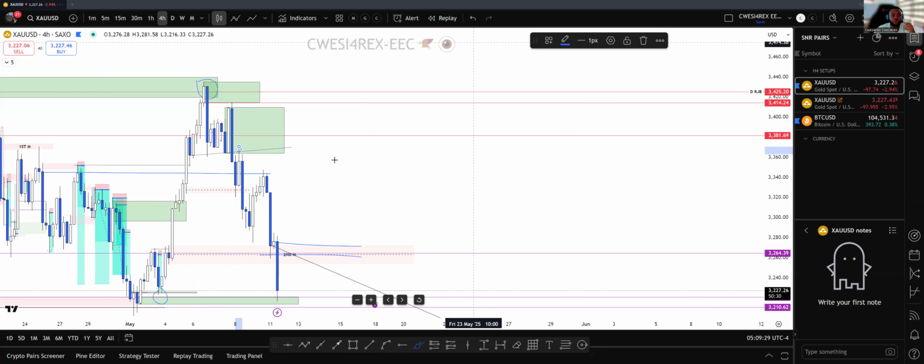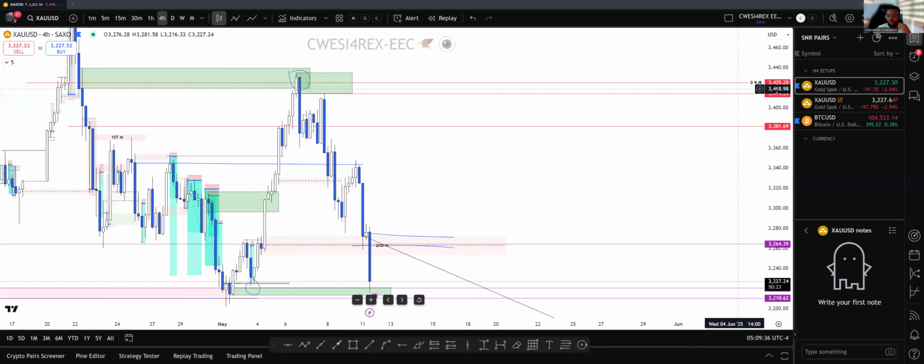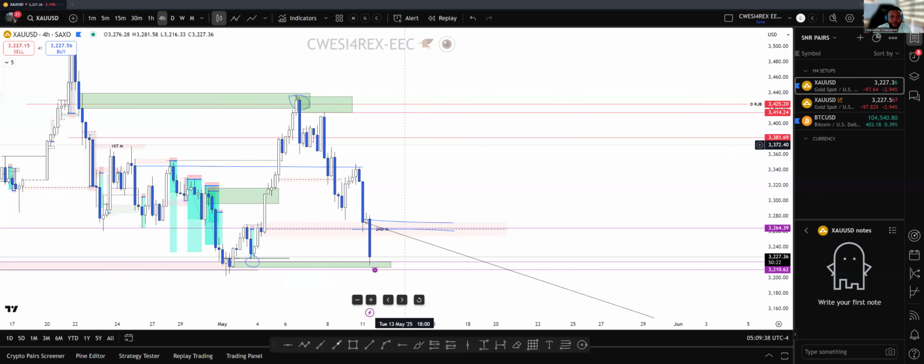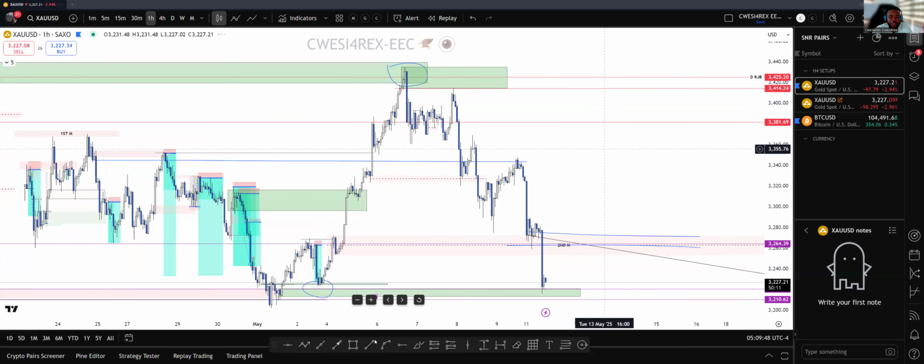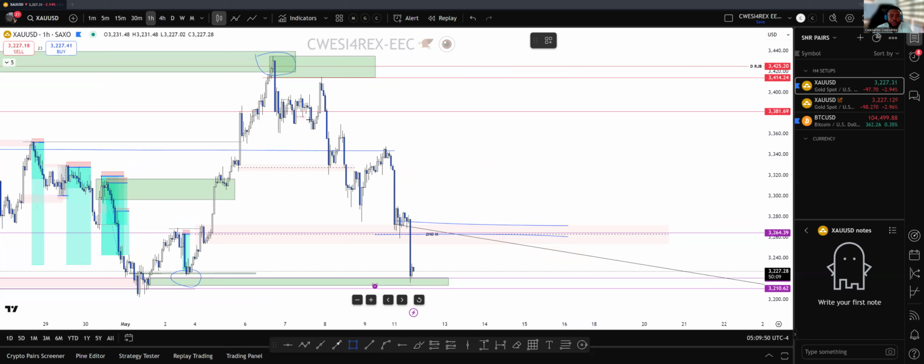But let's go down to the lower time frame and let me show you how to get good entries. Okay, so after we got this sell from this level from H4, now on H1, you can see we have this engulfing right over here.